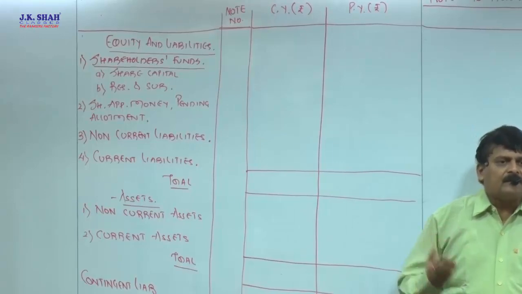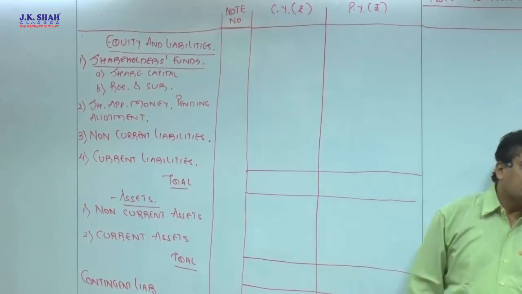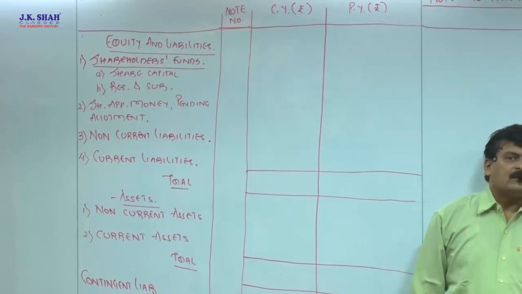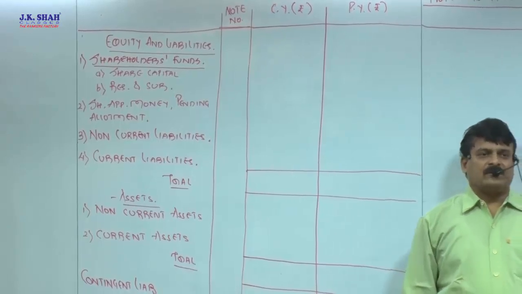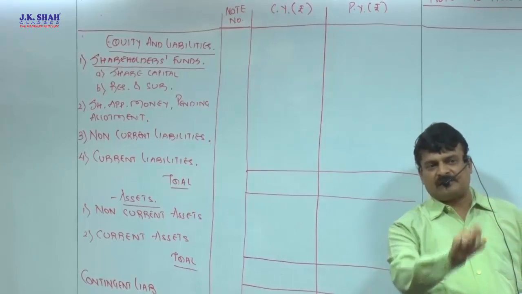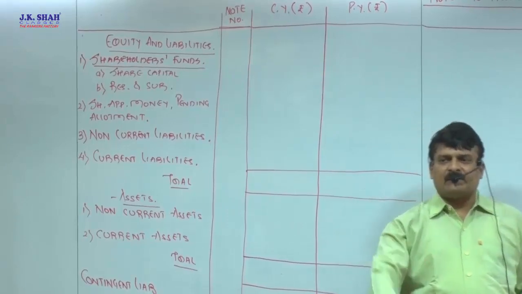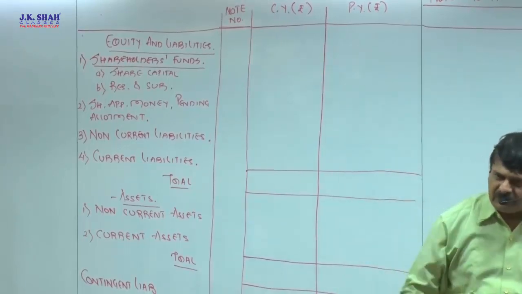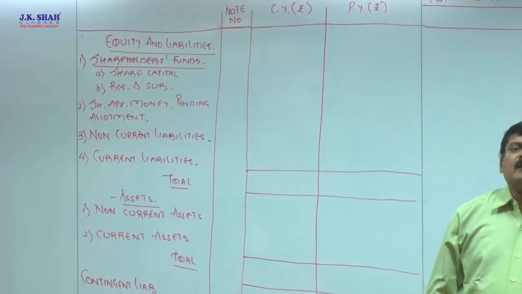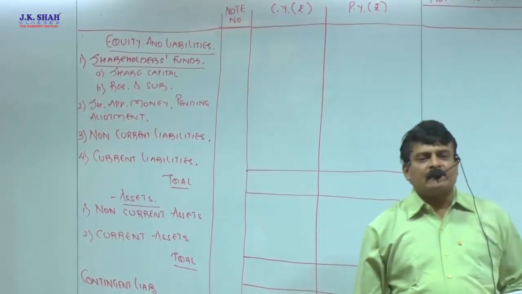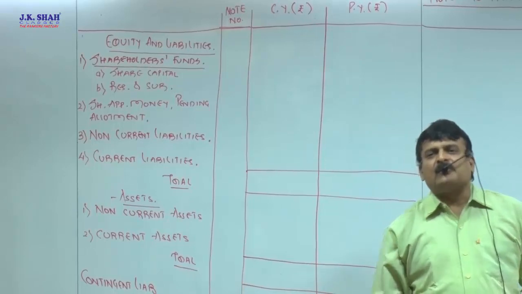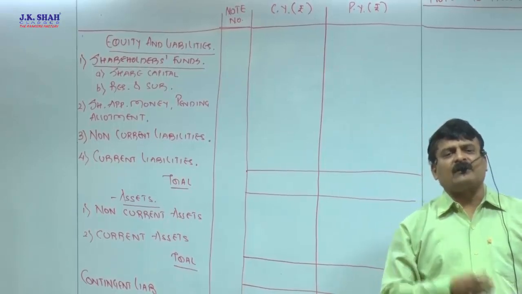Proper name? Loudly? No. Amortization is more appropriate for intangible assets. What is 7,50,000? Can I use the word depreciation for this? What is the proper word? Loudly? Provision for depreciation. Another simple name?